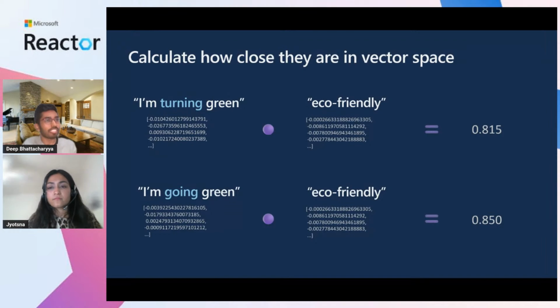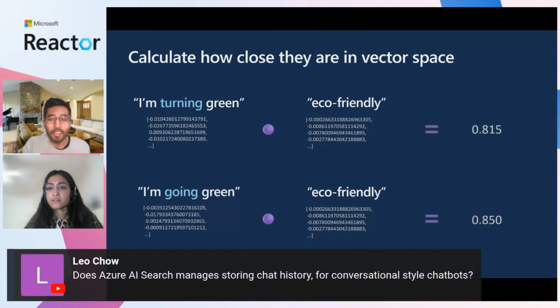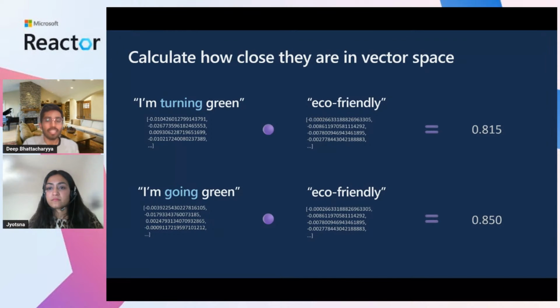Does OpenAI Search manage storing chat history for conversational style chatbots? No. So this is an interesting one, actually. And it's in my slides somewhere, but essentially ChatGPT behind the scenes is actually using Cosmos DB to store all of your history.